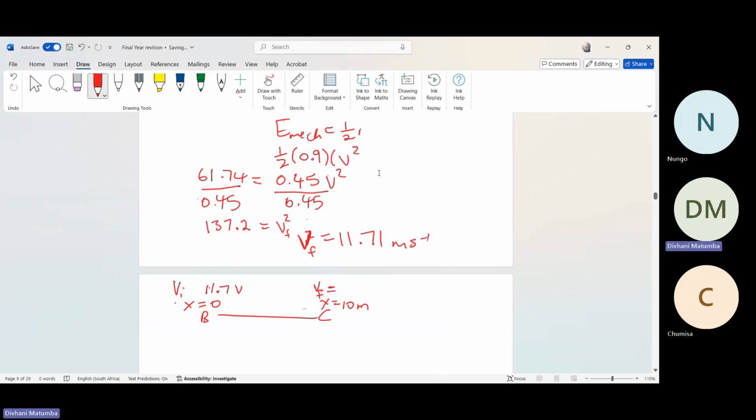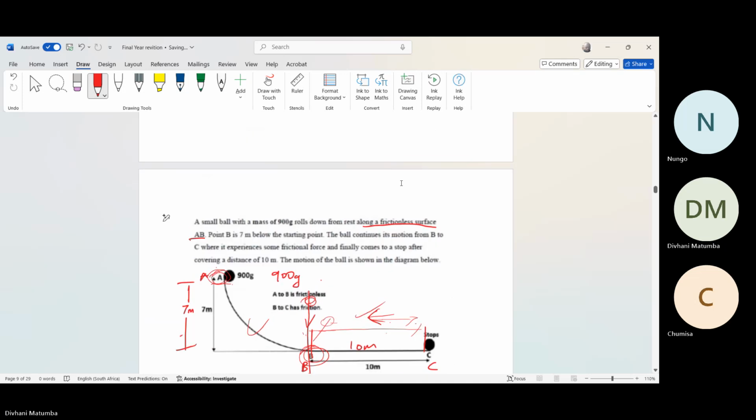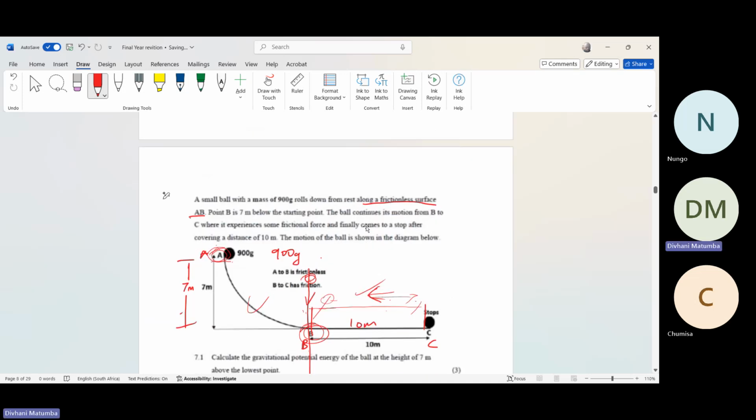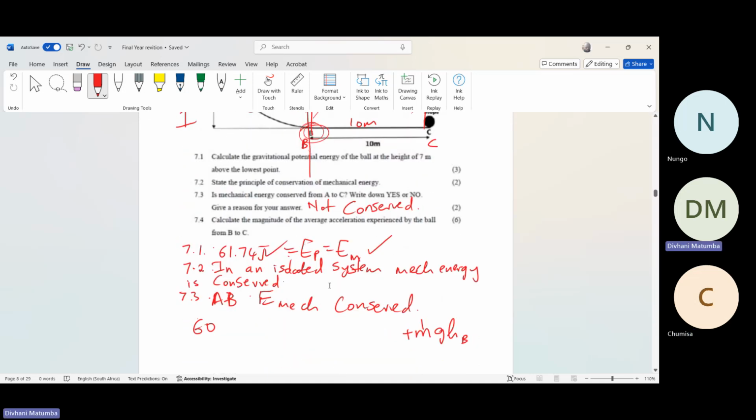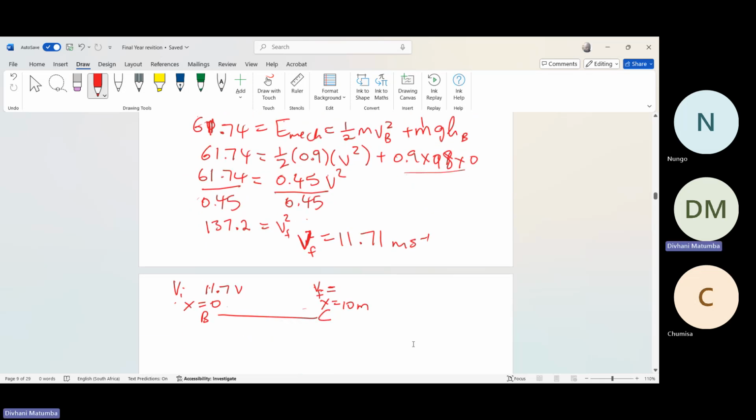They said that the ball continues its motion from B to C, where it experiences some frictional force and finally comes to a stop after covering 10 meters. What is the final velocity? Zero. It is 0 because it came to a stop. Okay, perfect.